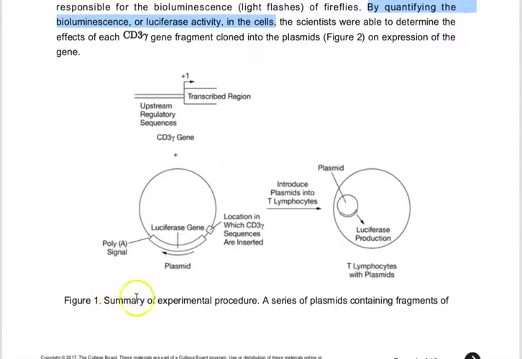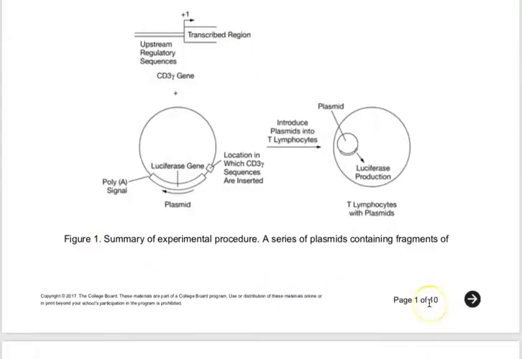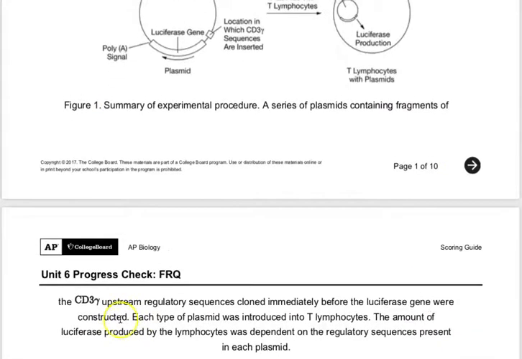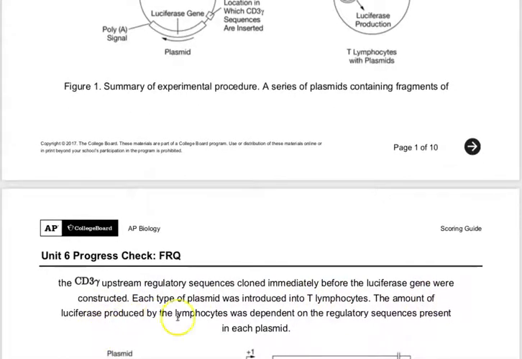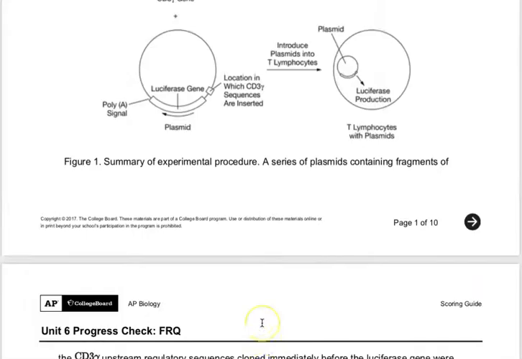Figure 1 is a summary of the experimental procedure: a series of plasmids containing fragments of the CD3 upstream regulatory sequence cloned immediately before the luciferase gene were constructed. Each type of plasmid was introduced into T lymphocytes. The amount of luciferase produced by the lymphocytes was dependent on the regulatory sequence present in each plasmid.